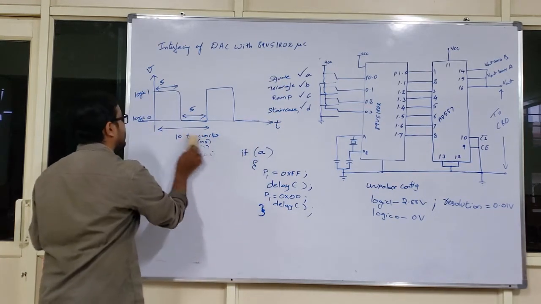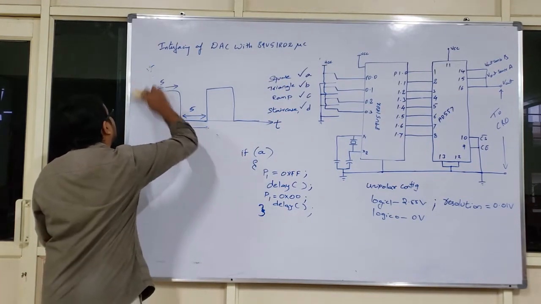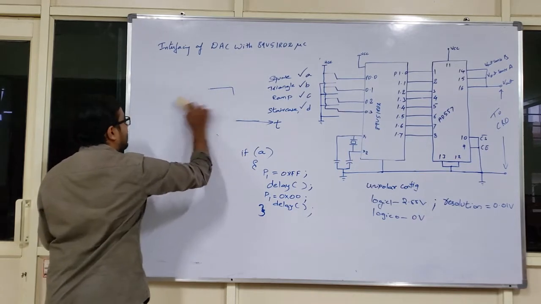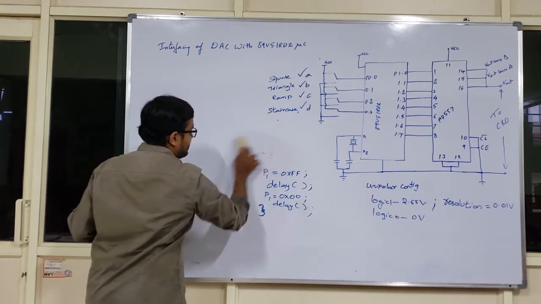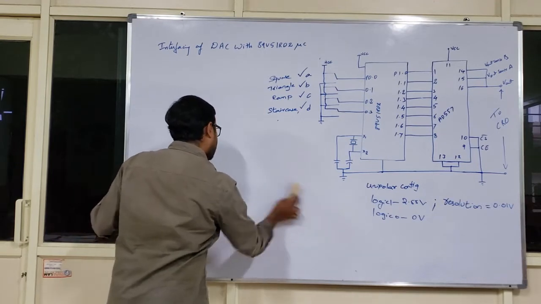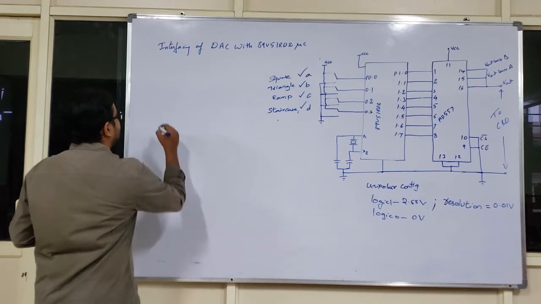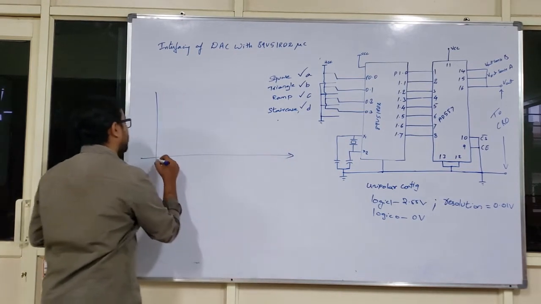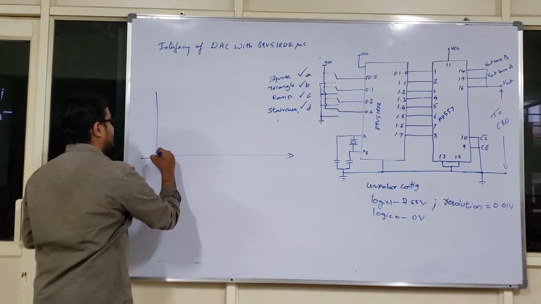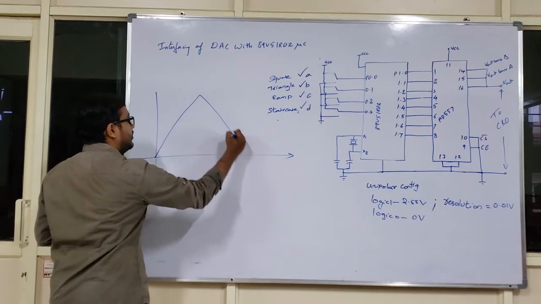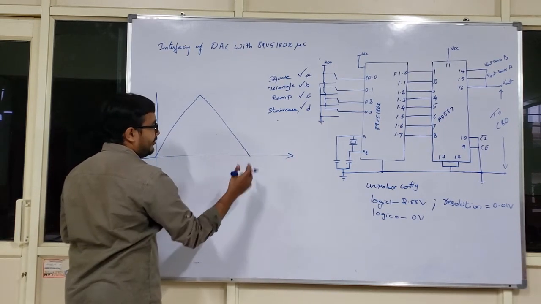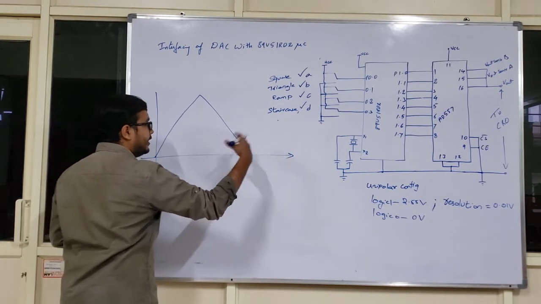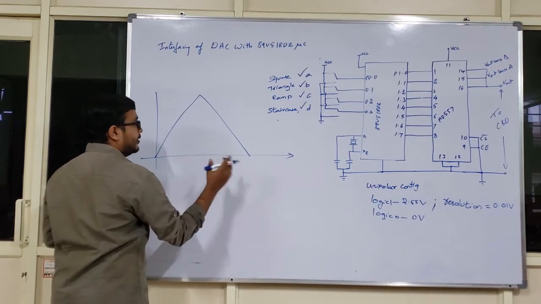In a similar manner I can generate a triangular signal, as well as the ramp and the staircase. So this is my triangle. Let me consider only the first period. If I keep that in a while loop, the triangles will be repeated successively for a certain time period.